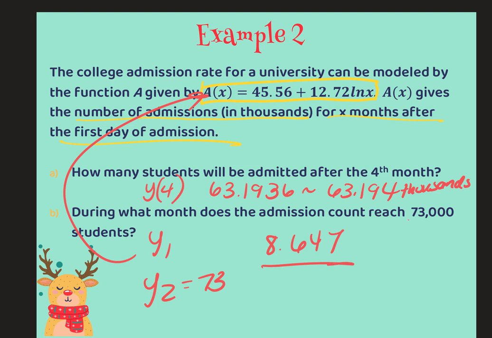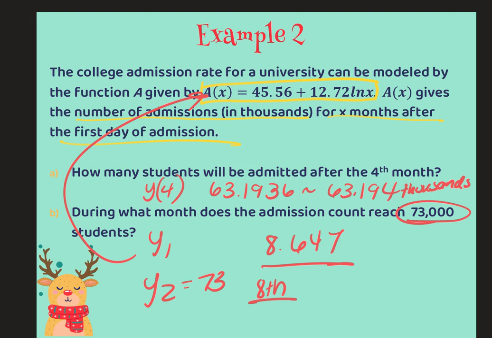But if I take this number, 8.647, which month would I call that? But without a name. If it's the 8th month, right? Think about it.